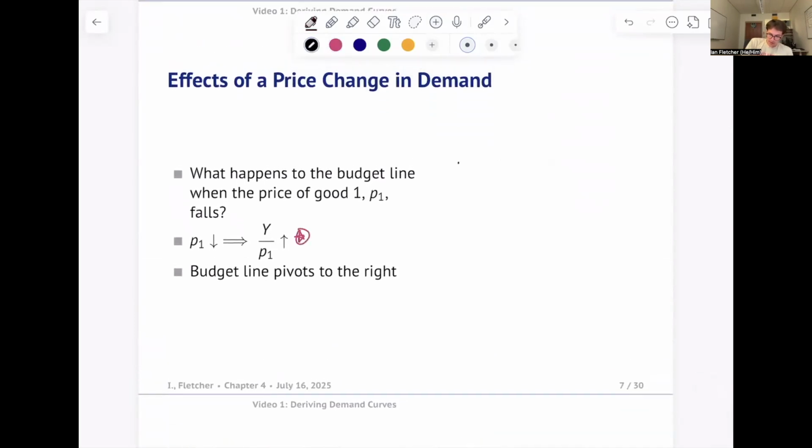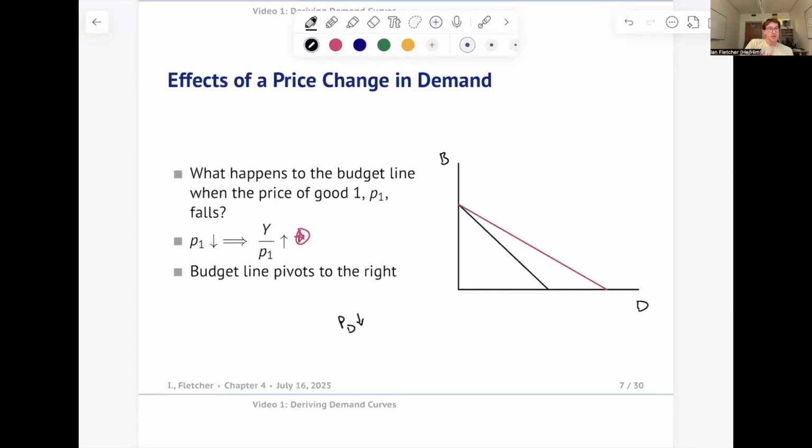When we throw this into a graphical space, if this was our original budget line between, let's call this beers and donuts, if the price of donuts declines, then we're able to purchase more donuts for our same amount of income.